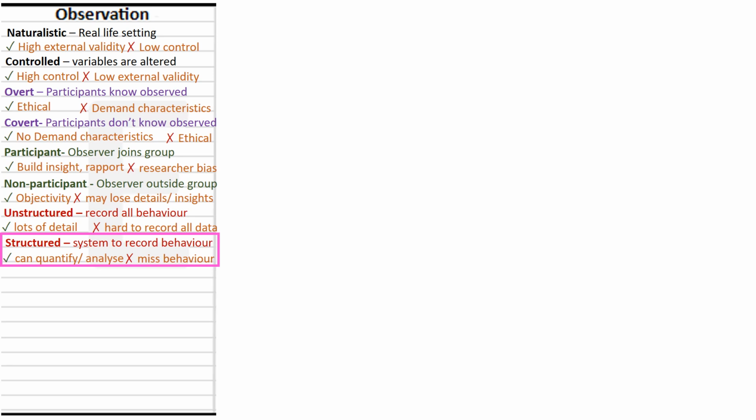Let's just drill down on this idea of a structured observation a little bit more, because there are some different ways we could structure. Before we go into any structured observation, we're going to want to identify some behavioural categories. This is an important key term, behavioural categories. These are countable behaviours. So we need to really think before we go in, well, what might we see? And we can't just be very vague about this. We can't say, oh, we're going to watch people doing a presentation, we're going to look for shyness or awkwardness.